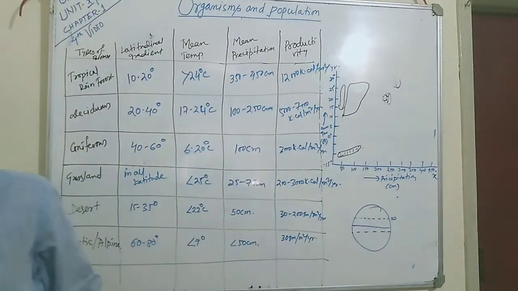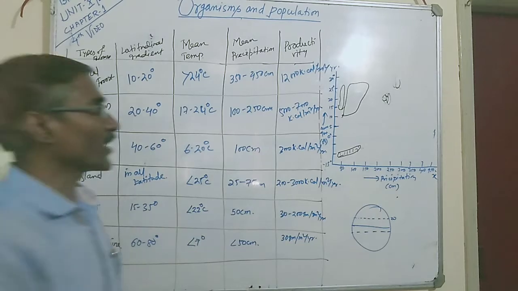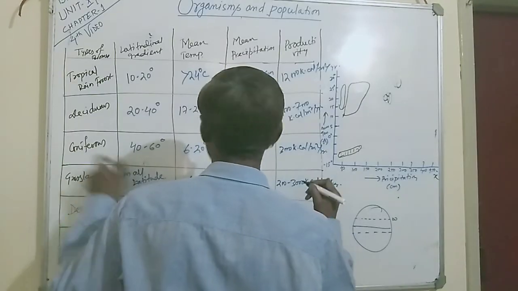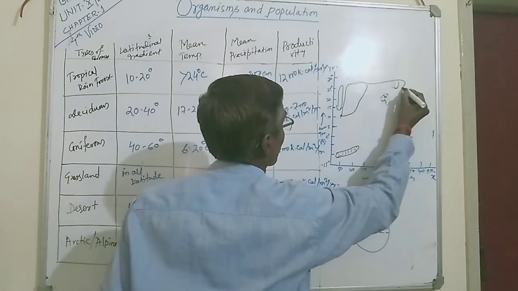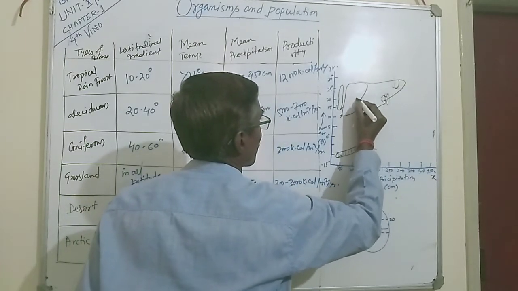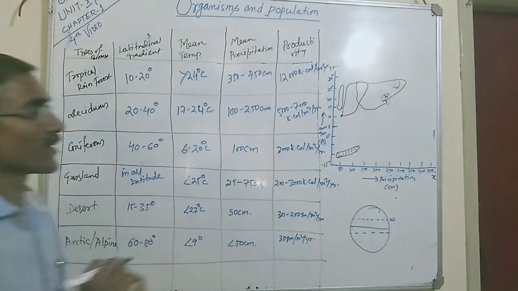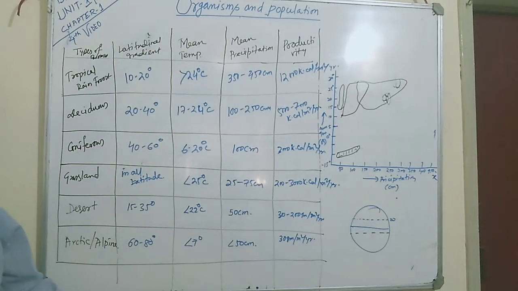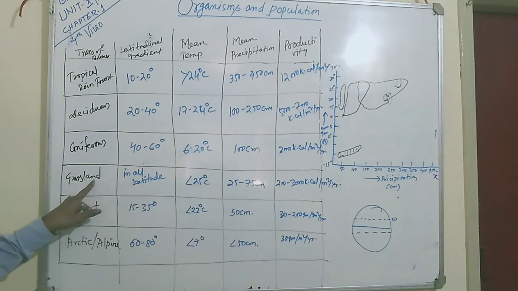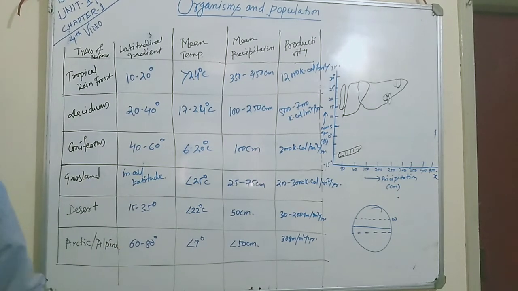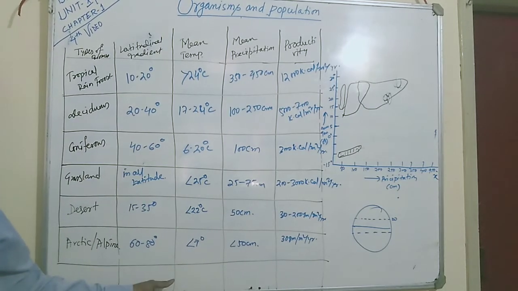The grassland is followed by the temperate forest or coniferous forest. So the order is Arctic, desert, then grassland, then coniferous forest, then temperate, and then tropical rainforest.